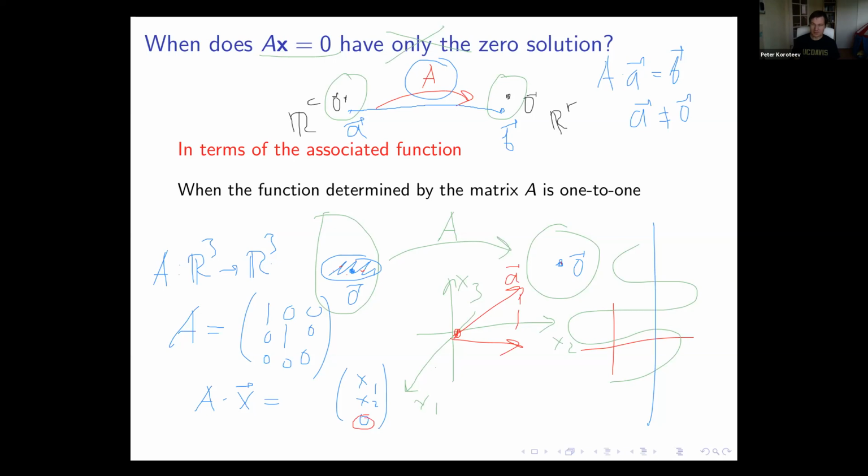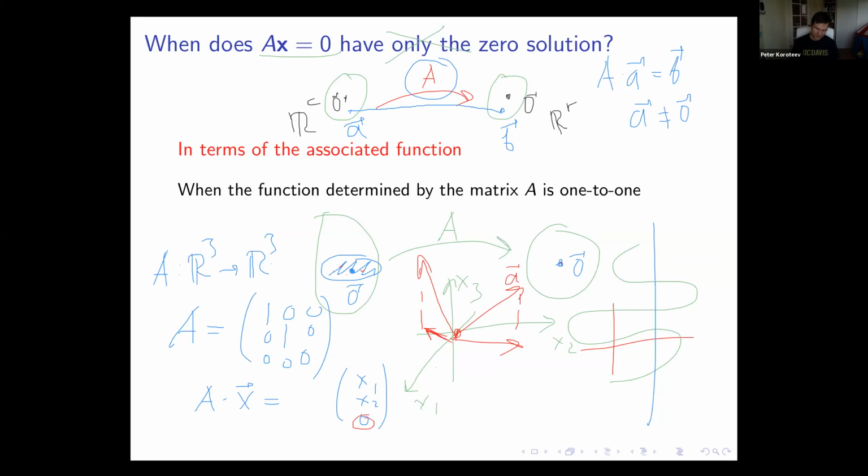So this linear transformation forgets about the x3 component, no matter what it was. The vector might go like this, like that. After the application of this map, the image will belong to the x1, x2 plane.